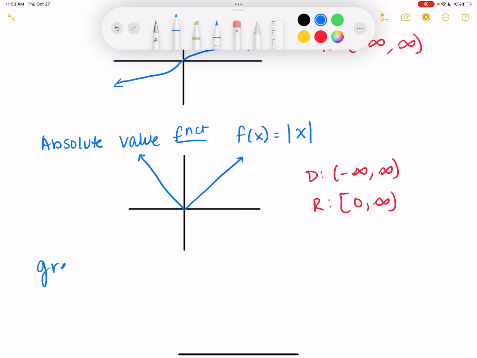Greatest integer function. F of x equals, well, the book writes it interestingly, but I usually just write it as int of x.